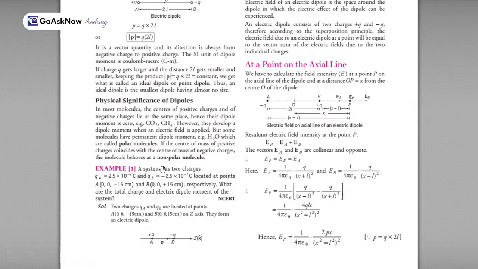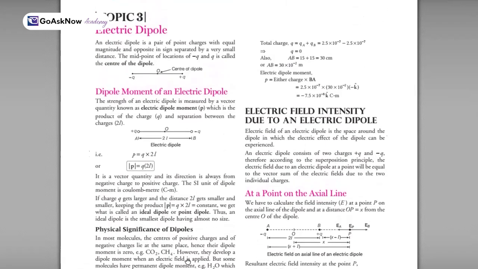Here is an example: a system of two charges is given, with the distance between them. What are the total charge and dipole moment of the system? I hope you can do this by yourself because it is a very simple question. You have to find the value of the electric dipole moment. Simply take either charge, multiply by the distance between them, and get the direction also.